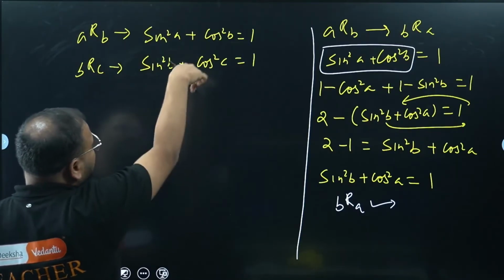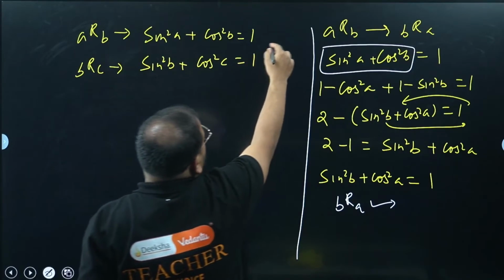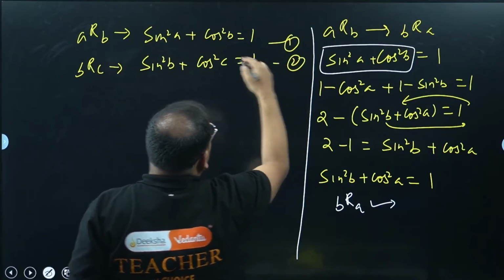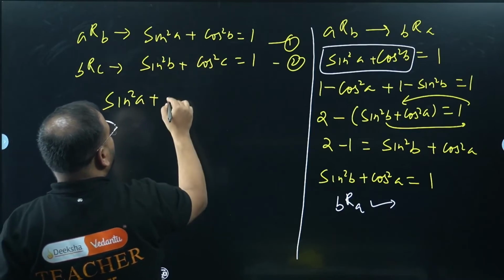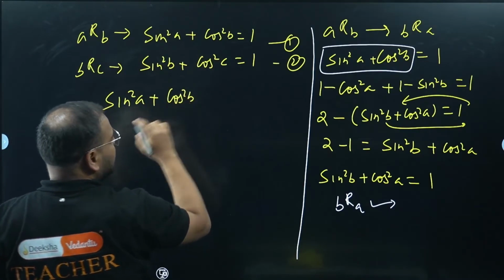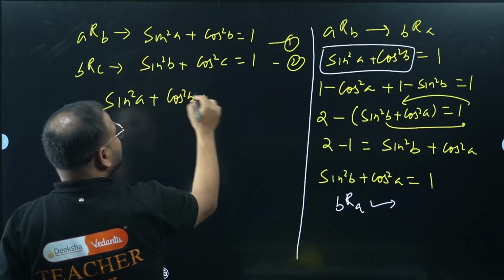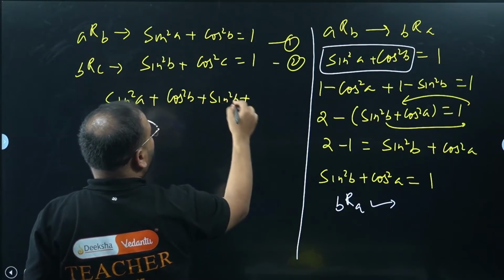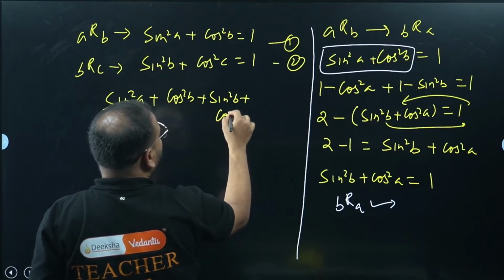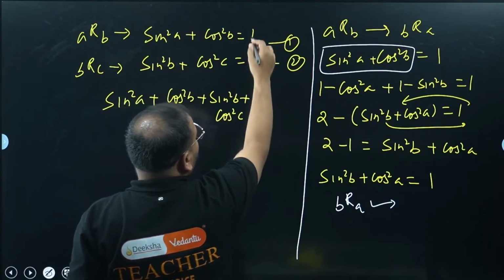Now add these two equations. This is equation 1 and this is equation 2. Sin square A plus cos square B plus sin square B plus cos square C equals 1 plus 1, which is 2.